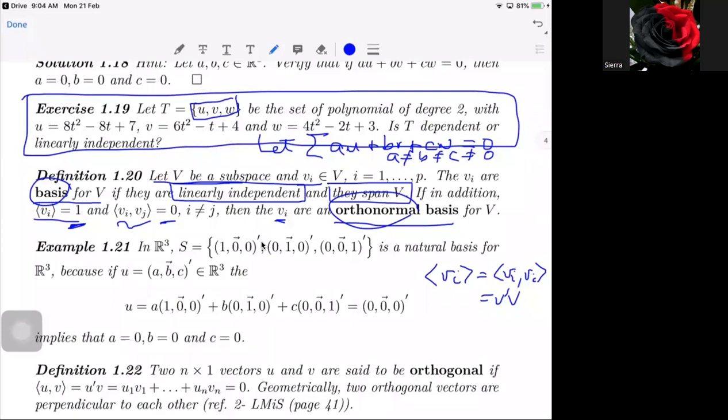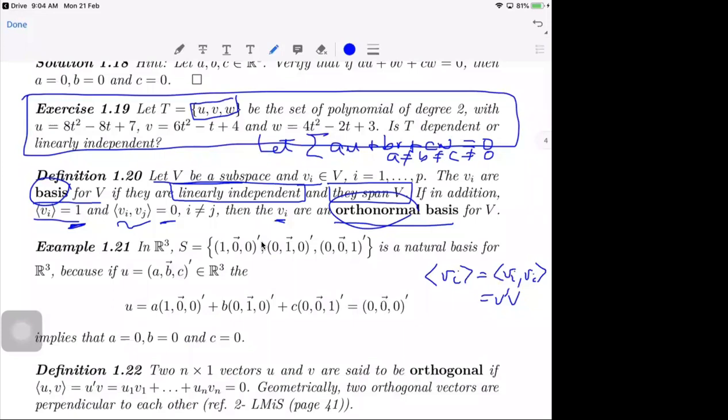Okay, let's continue. Sorry for that. Here, as a concrete example in R3, this arrow here is just telling you it is a vector. Transpose means it is a 3x1 vector.